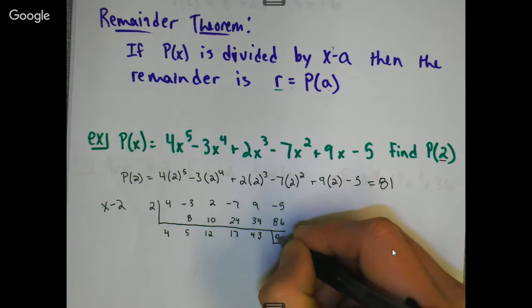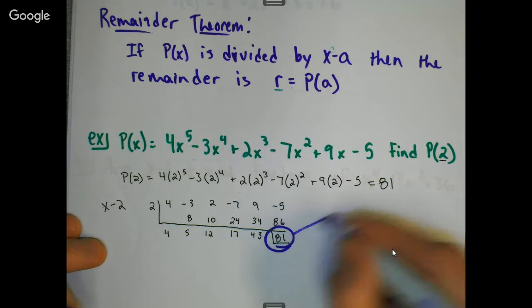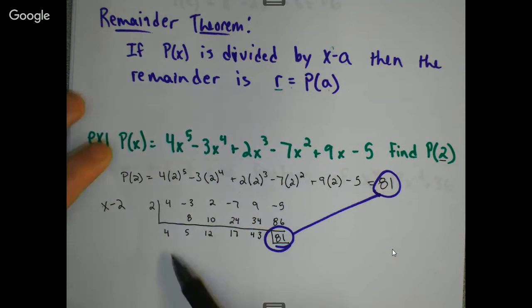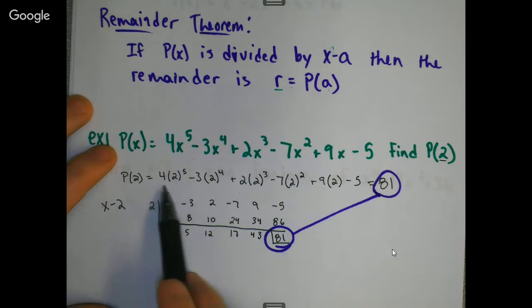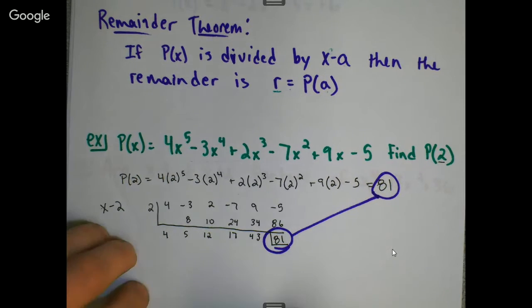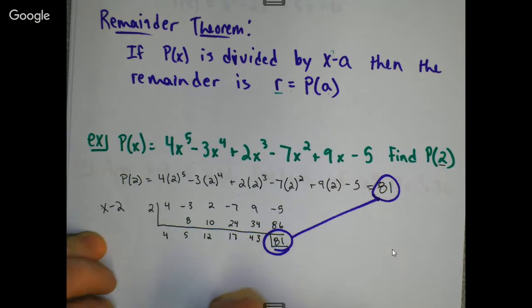Add to get 81. So we notice here that 81 is the same as 81. A lot of times we can do all of this without putting this long string into the graphing calculator. So your remainder is your value evaluated.